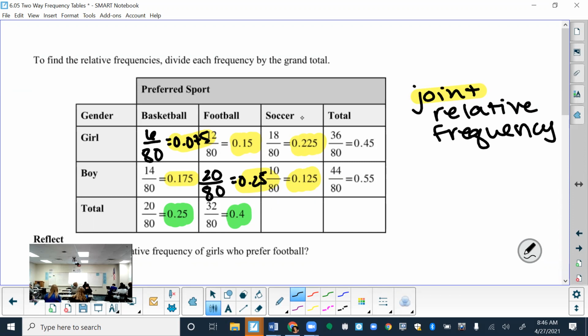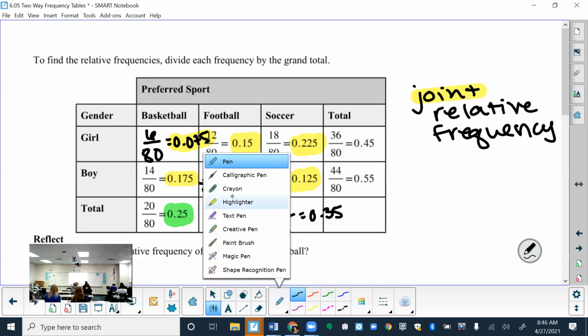All right, now let's fill in this one down here. How many students total liked soccer? 20. And how many total were surveyed? That decimal would be what? 0.35. Good. Sorry, I'm writing a little bit too big. Would this one be joint or marginal? Marginal.